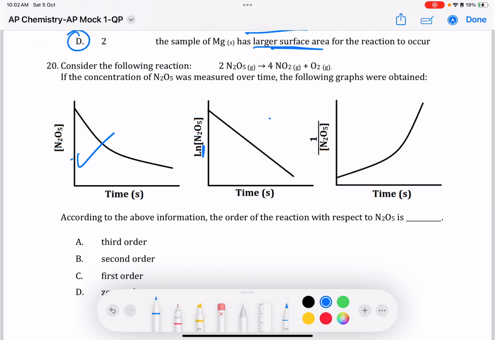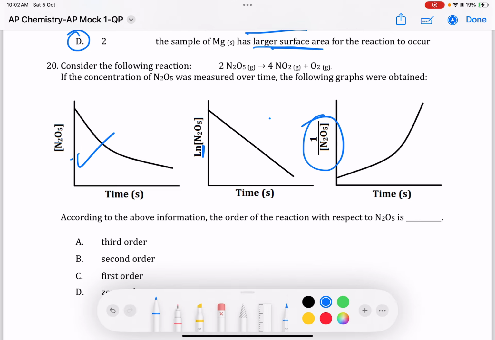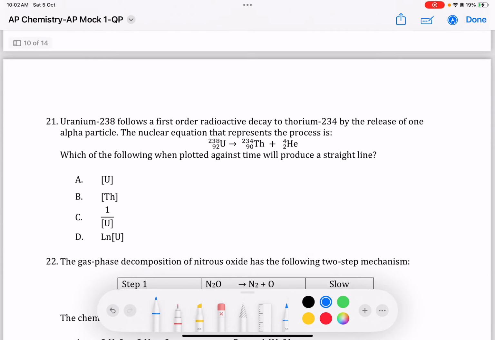These are the graphs of a first order reaction, because a zero order reaction is independent of the concentration of N2O5, and a second order reaction is not like this graph. So we can say that this is a first order reaction from the graphs.